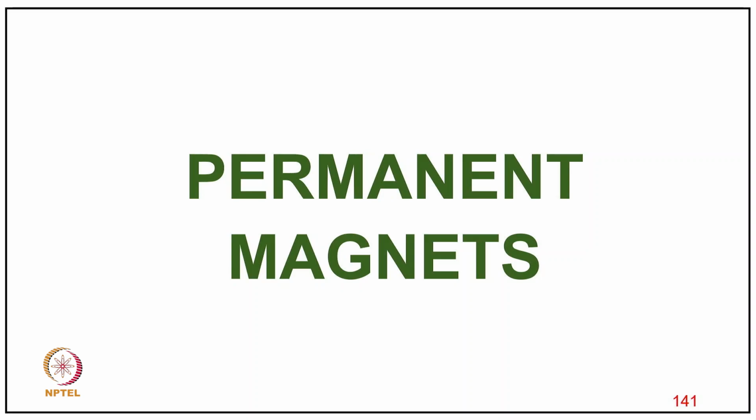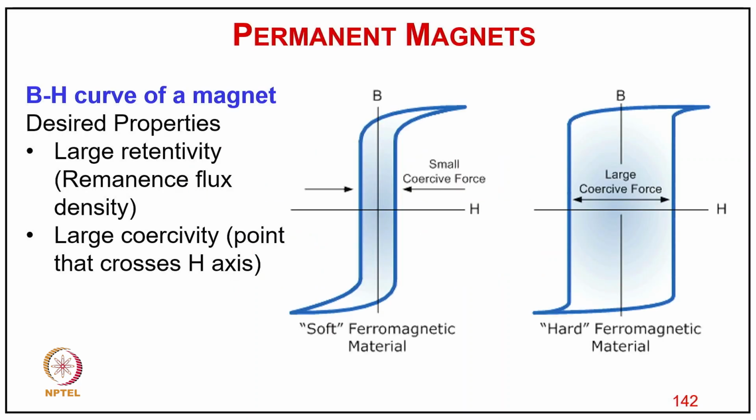So now coming to permanent magnets, which today have really large importance in different kinds of machines, especially rotating machines as well as stationary machines. Here is how we define them: if we have a BH curve of a magnet, desired is large retentivity, so the remnant flux density should be large, as you can see, and a large coercive force.